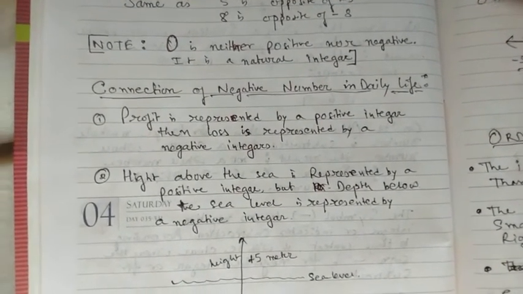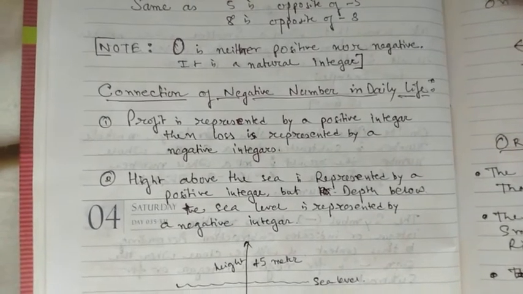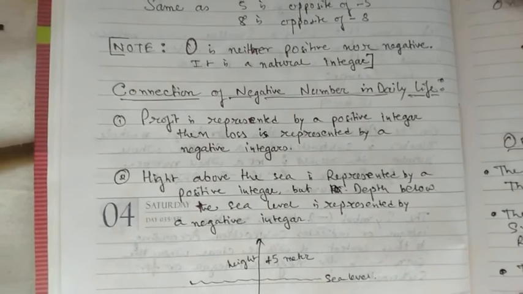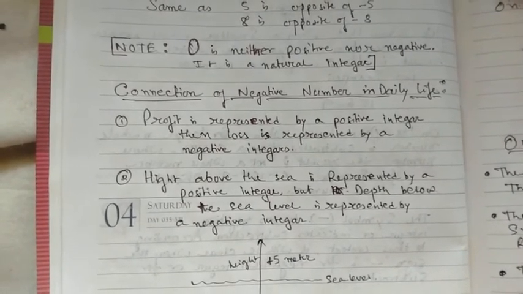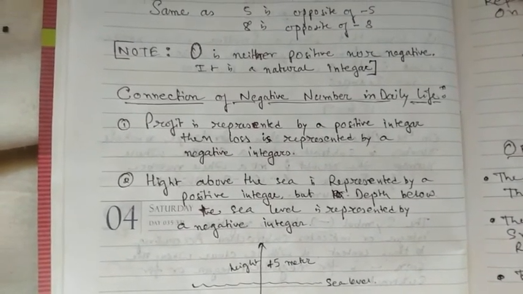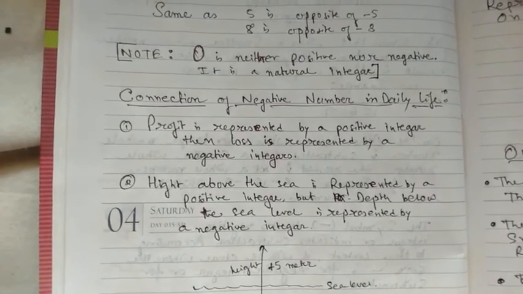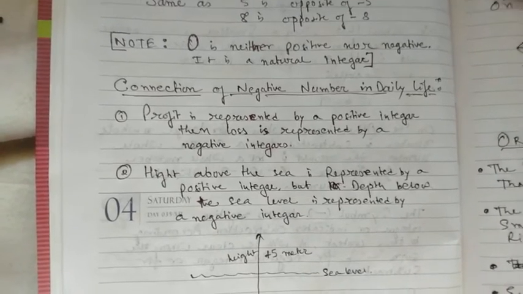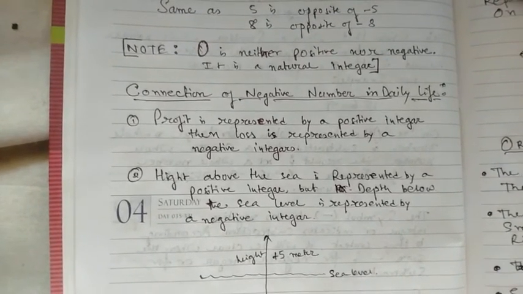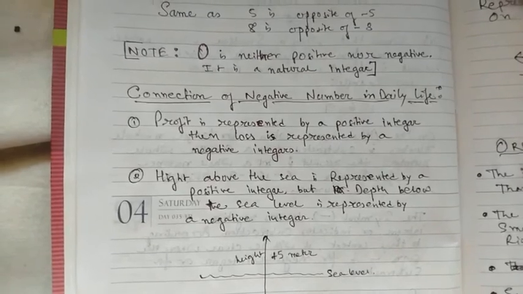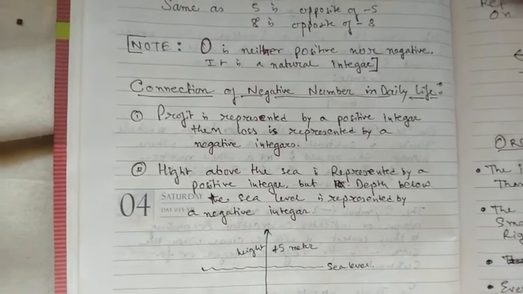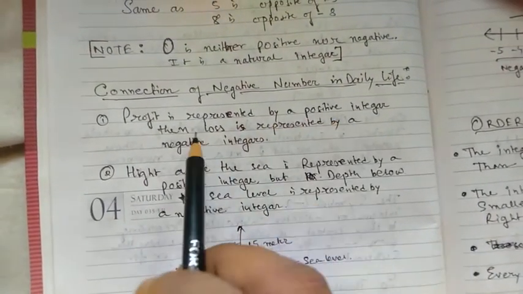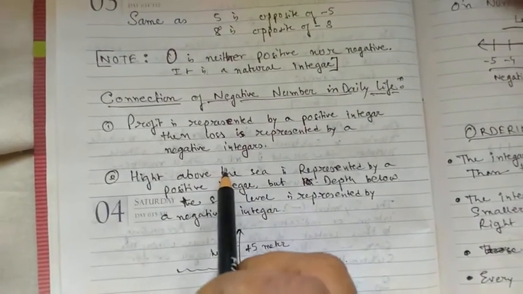When we denote any profit or any gain or any favorable position, we always denote it as a positive number. And when we describe any loss or any adverse position, then we denote it through a negative number. Profit is represented by a positive integer, and loss is represented by a negative integer.